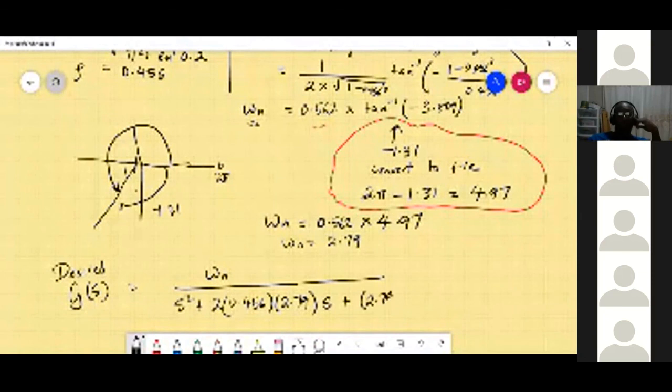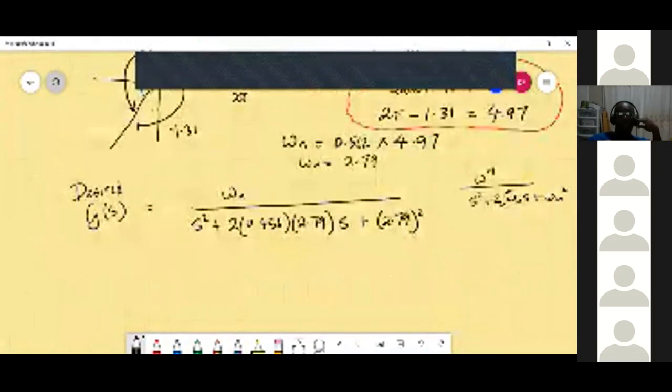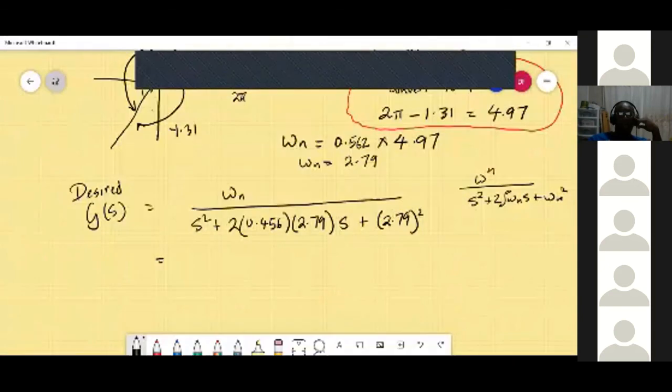That's s squared plus 2 times zeta omega n s plus omega n squared.